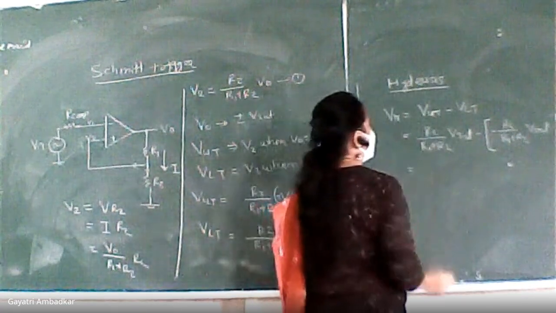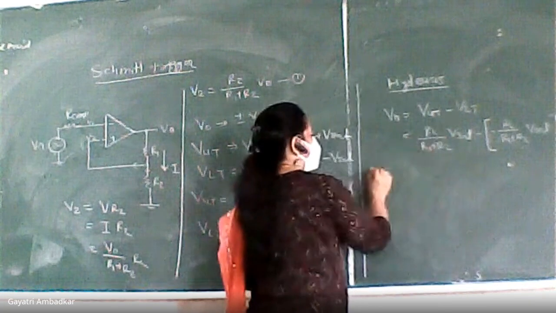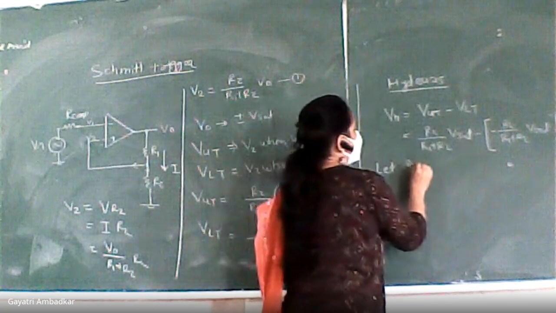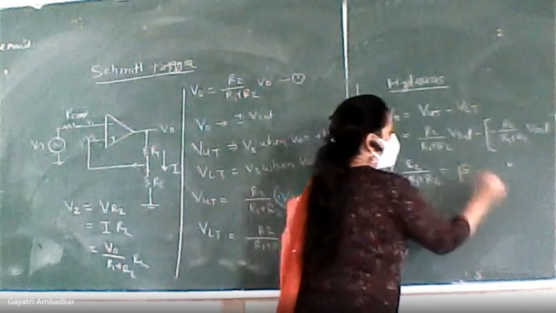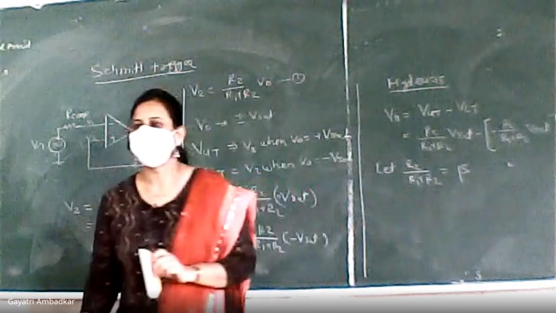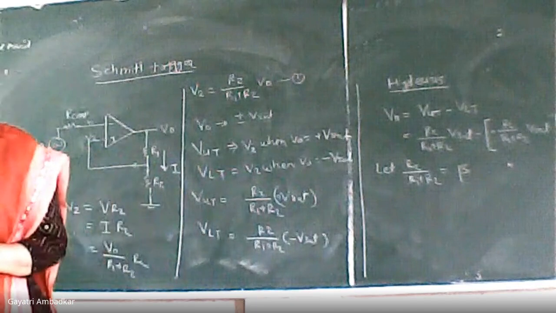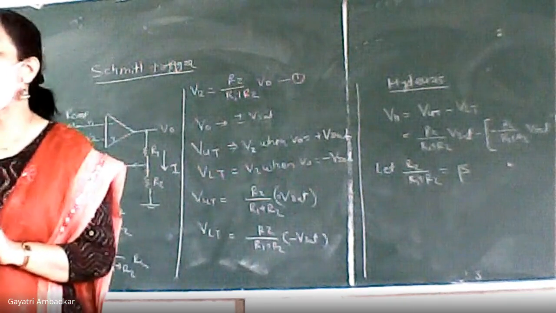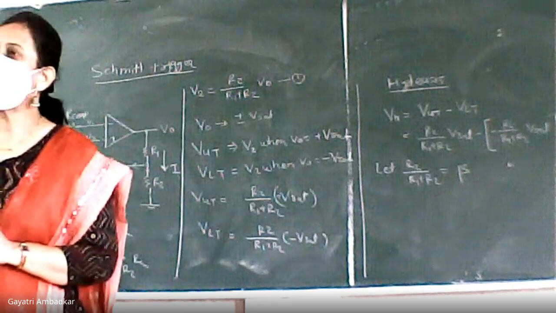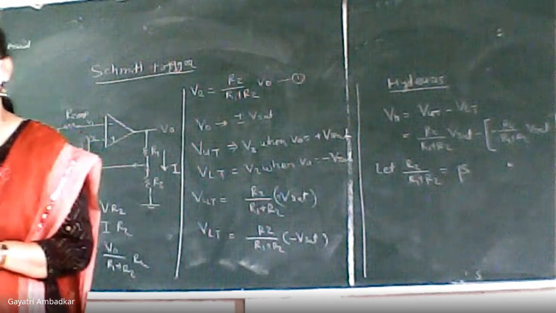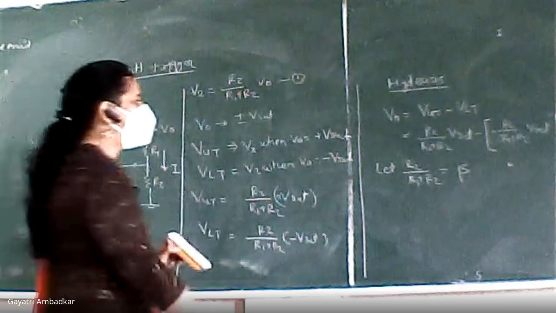So this is equal to, now what I will do, let this ratio R2 upon R1 plus R2 be equal to beta. I will call this beta. Beta is the ratio of R2 by R1 plus R2, and once we design the circuit, the value of these resistances is going to remain constant. So my beta will remain constant.